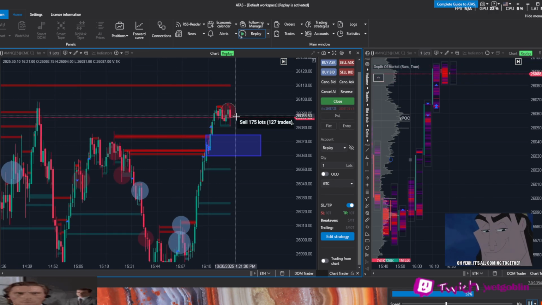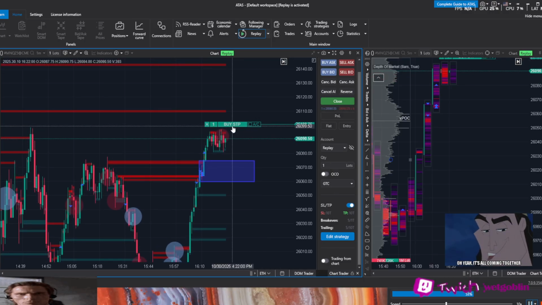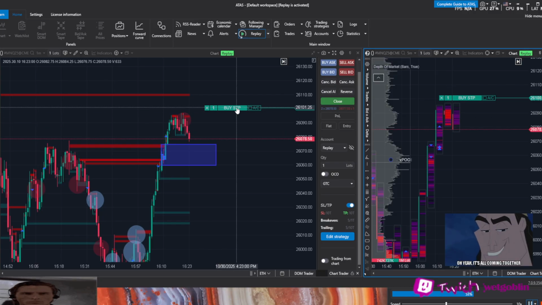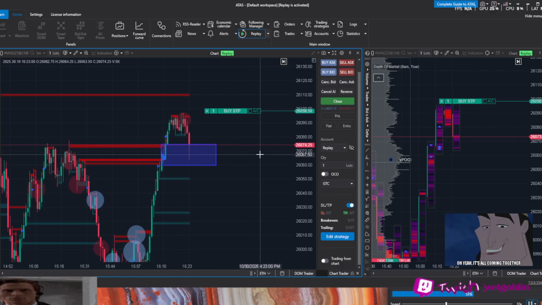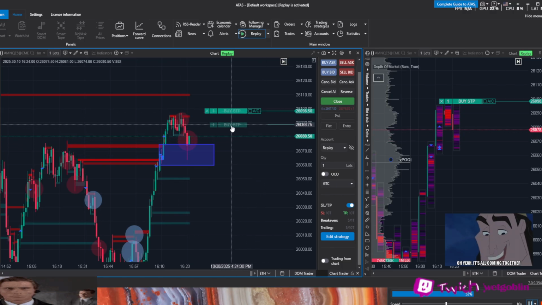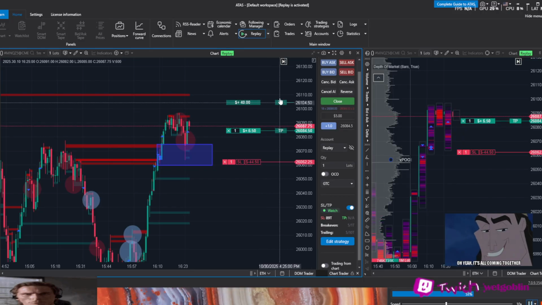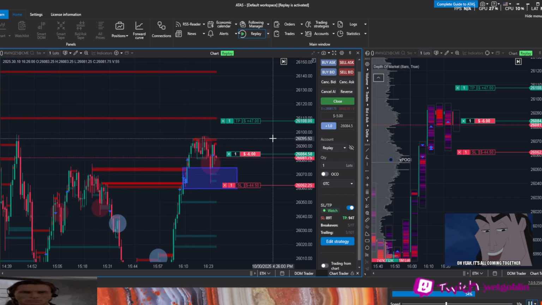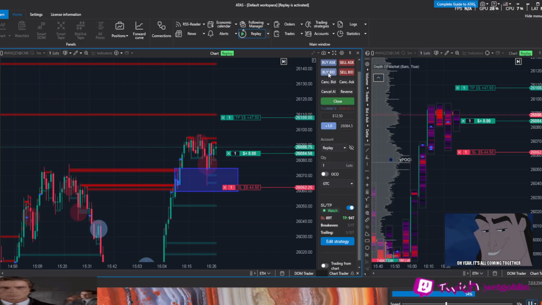So big sell right here. Obviously a lot of volume in that candle. In that kind of region. More sell. Stop filled. They're really duking it out right now.